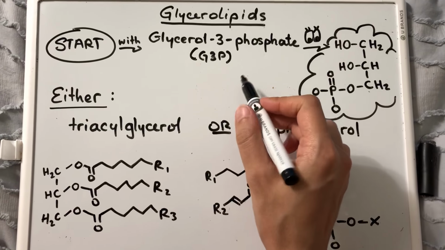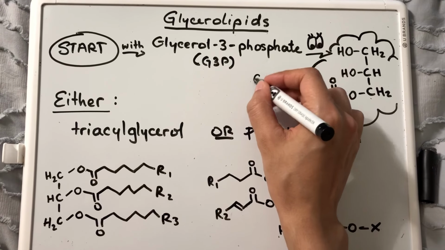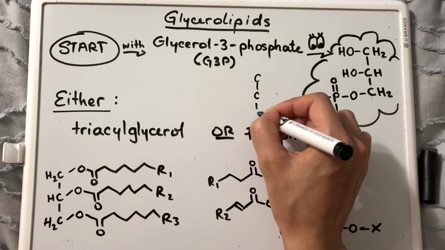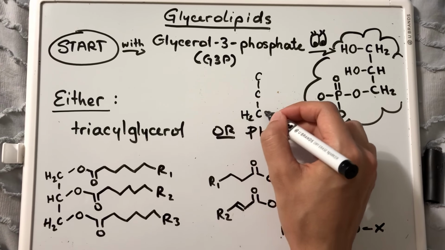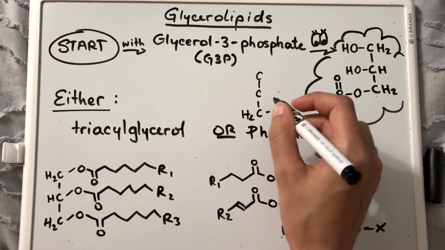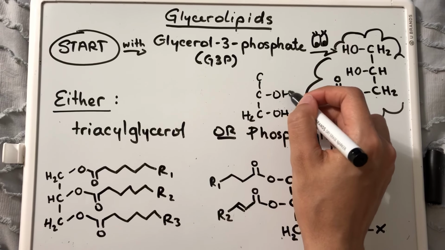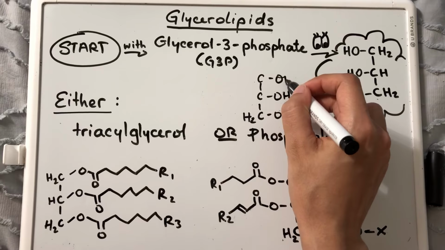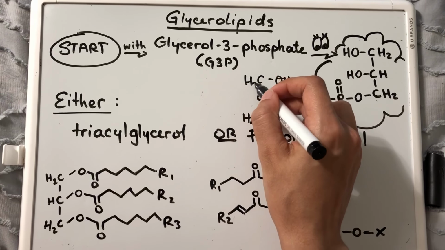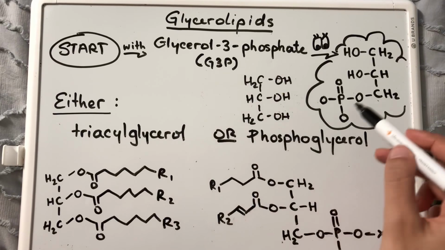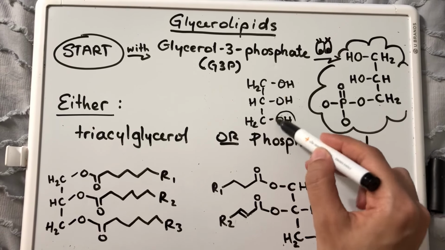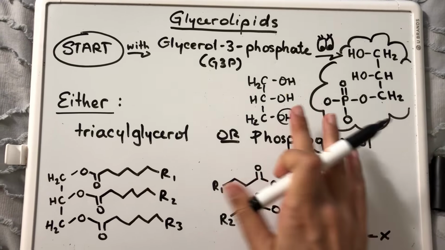So glycerol would look like this. Just draw it real quick. Yeah, so that would be glycerol, and instead of this OH group here, we have a phosphate group.